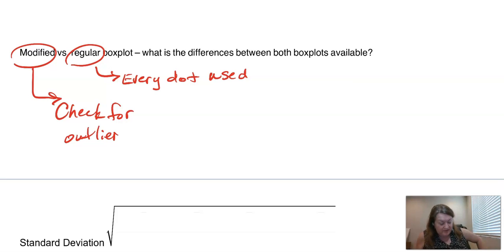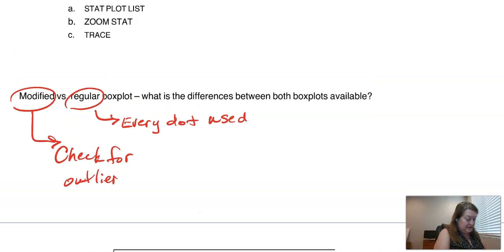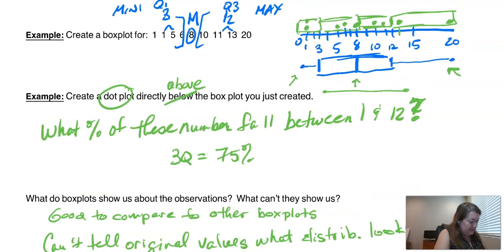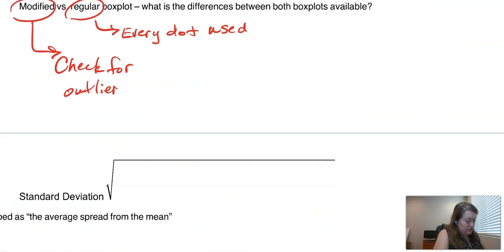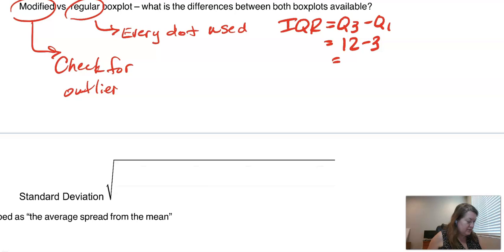All right, so let's go back to this original and check for outliers, right? If we were checking for outliers, we would have had to do Q3 minus Q1 to get our IQR. It looks like 12 and 3, so we have 12 minus 3, so our IQR is 9.